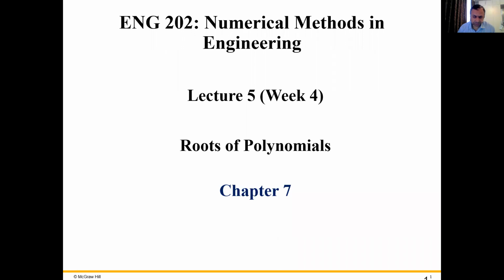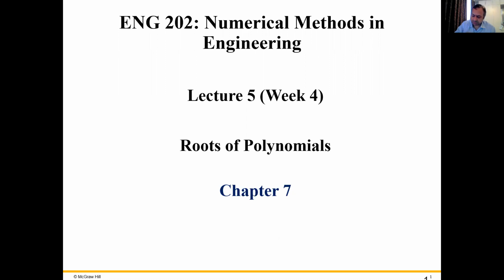And this topic is about the roots of the polynomials, which is chapter 7 of the textbook. So in this topic, we will find the roots of the polynomial equations.